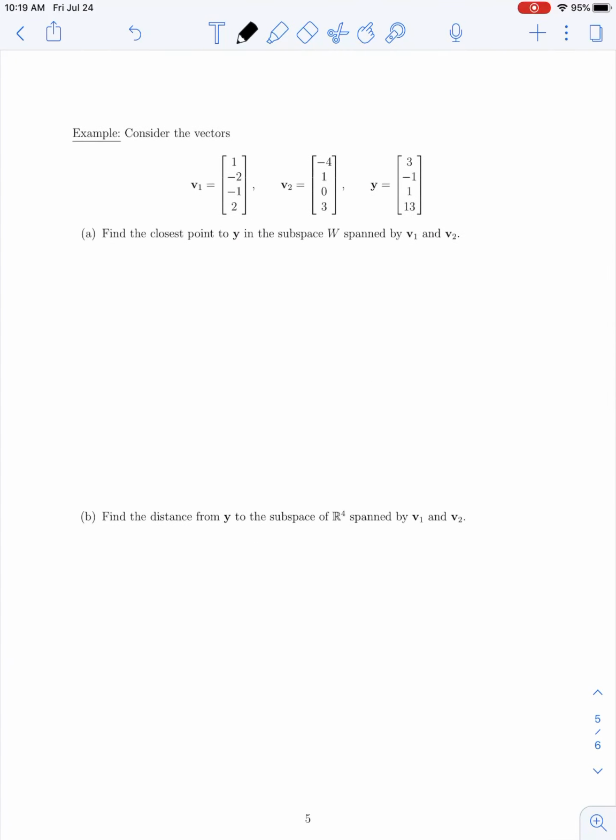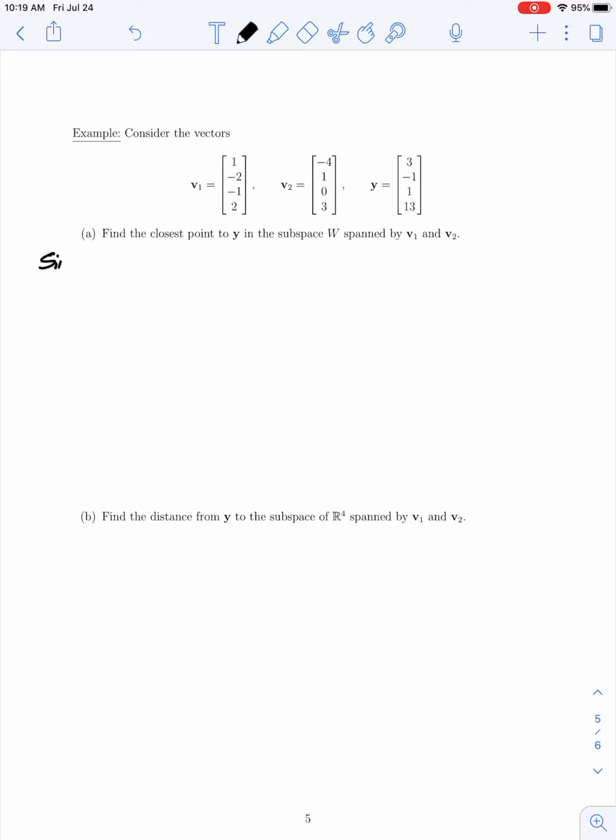So let's consider another problem. Suppose that we have the vectors v1, v2, and y, which are all vectors in R4, and we're asked to find the closest point to y in the subspace W, which is spanned by v1 and v2. We can verify here that v1 and v2 form an orthogonal set if we consider their dot product.